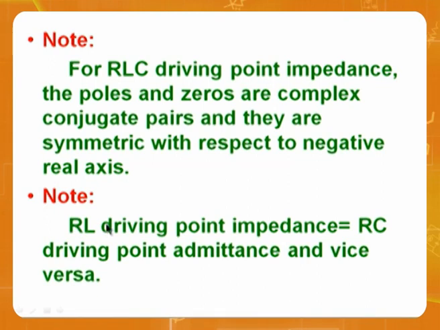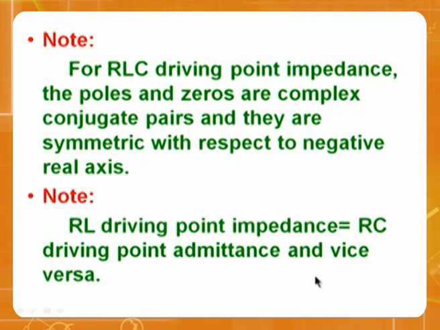Note, the RL driving point impedance properties are the same as the RC driving point admittance, and vice versa. That means, for example, in an RL impedance function the nearest to the origin is a zero, and if you see the RC admittance, it is also the nearest.